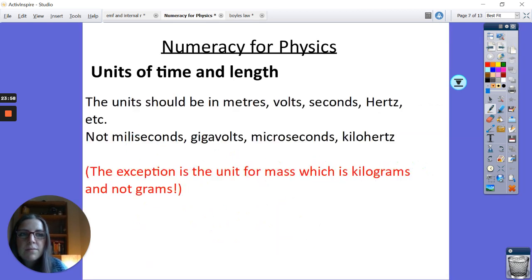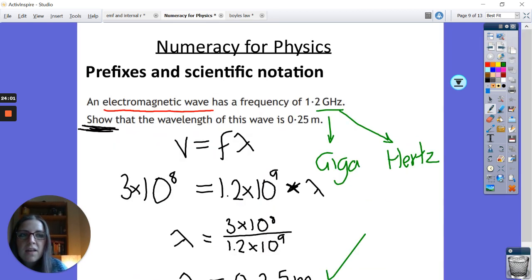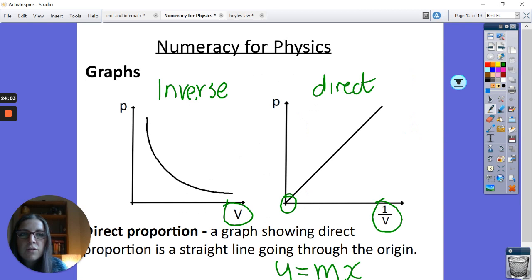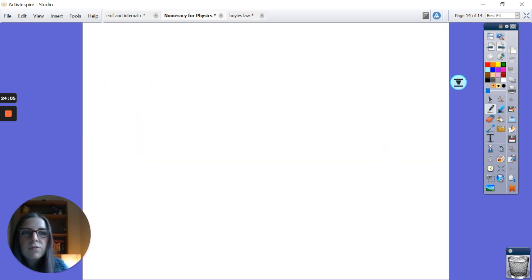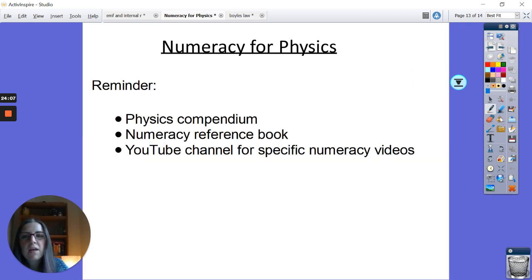So you've got your compendium that will help you keep a record of the units that you're using in physics, and also keep you right with your prefixes. There's also a numeracy reference book that talks over the main numeracy skills that I've talked about in this video, and I've got my YouTube videos for more specific videos. So there's the one on rounding to significant figures and how to use your scientific calculator, which tie in well with what I've talked about in this video.